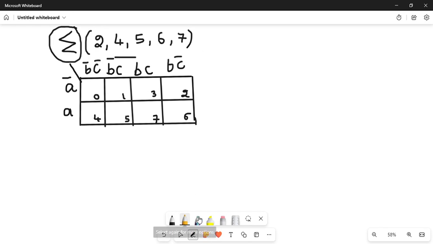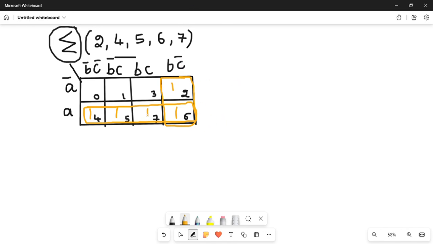So I have to put 1 for cell number 2, 1 for cell number 4, 1 for cell number 5, 1 for cell number 6, and 1 for cell number 7. So what's the grouping that's going to happen? You can group these 4 without fail, and you can group these 2 without fail, right?